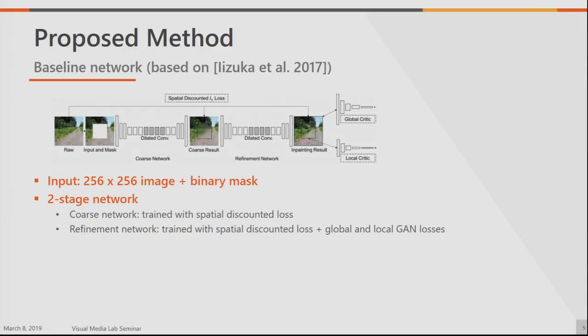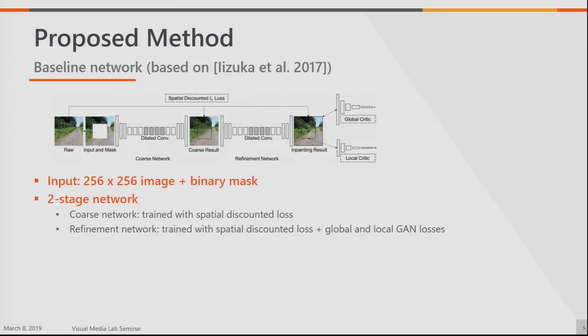Their baseline network is heavily based on the Iizuka et al. paper. So just like that paper, they have a two-stage network. They have a coarse network here that does a coarse prediction, and then a refinement network that improves on that coarse prediction. And they also have two discriminators.